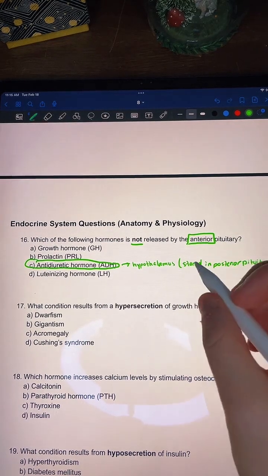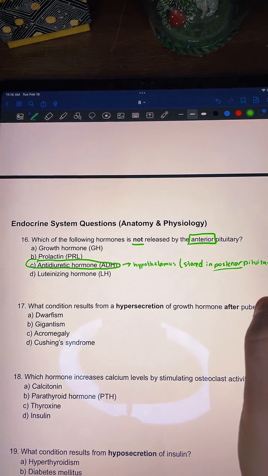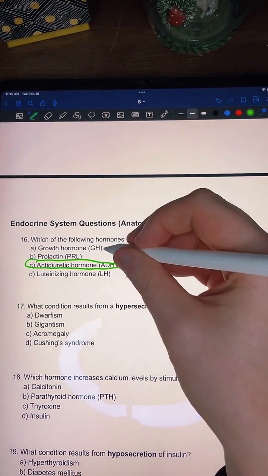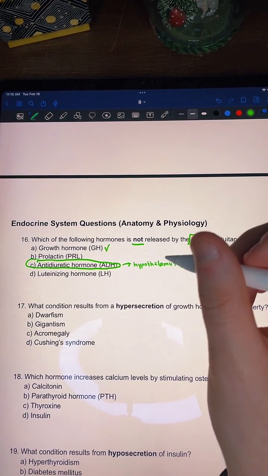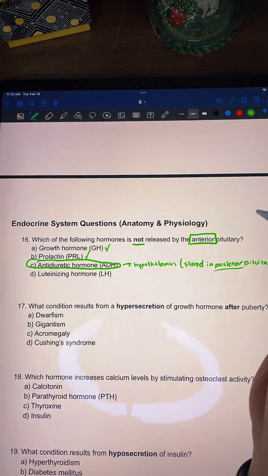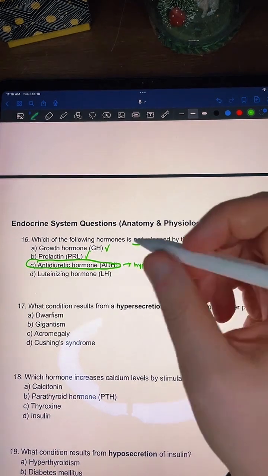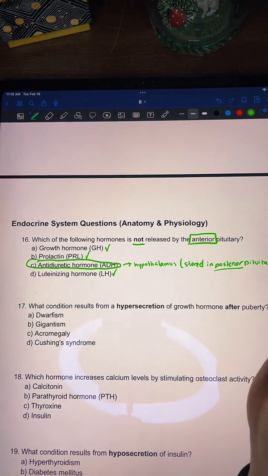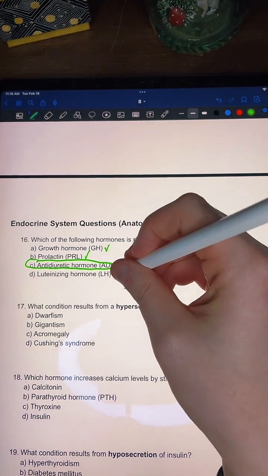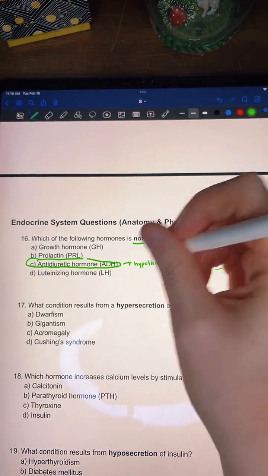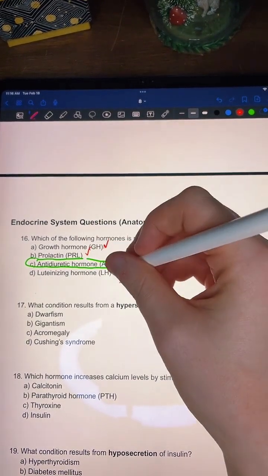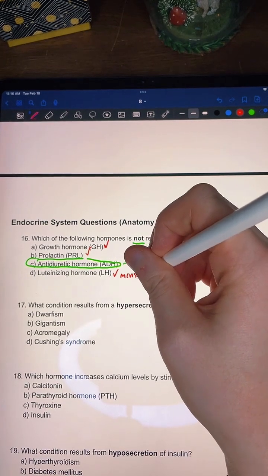It was made by the hypothalamus and stored in the posterior pituitary. The others are secreted by the anterior pituitary. Growth hormone is, as we talked about earlier, and stimulates growth. Prolactin is also produced in the anterior pituitary and is responsible for milk production. And luteinizing hormone is also produced by the anterior pituitary, and it plays a role in the menstrual cycle.